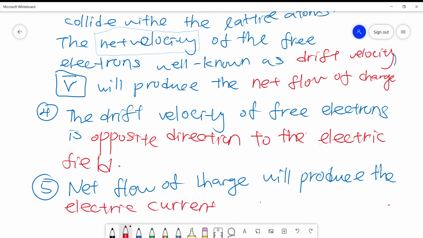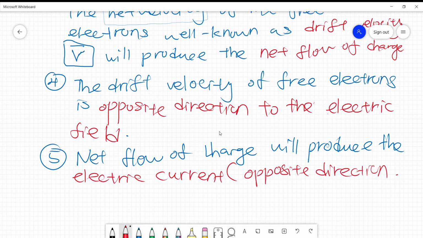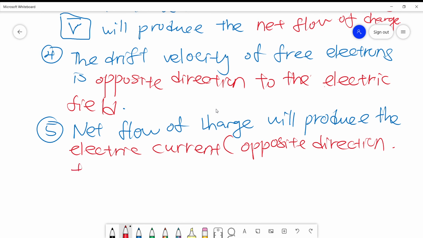As a note, the electric current is always opposite in direction to the flow of free electrons.